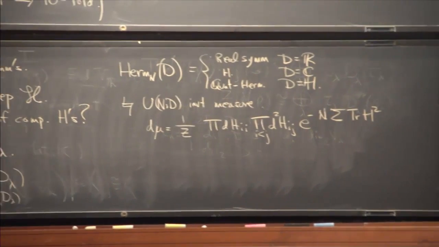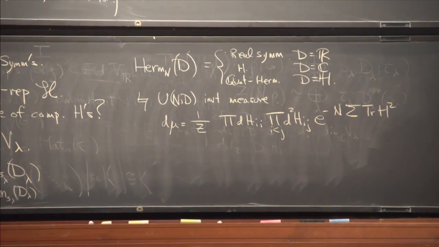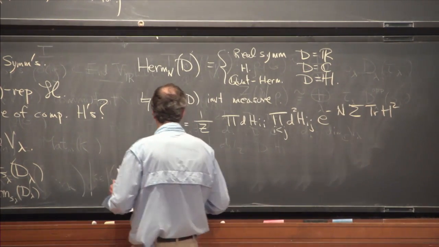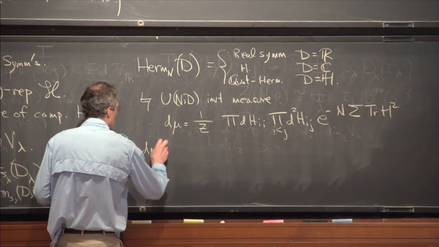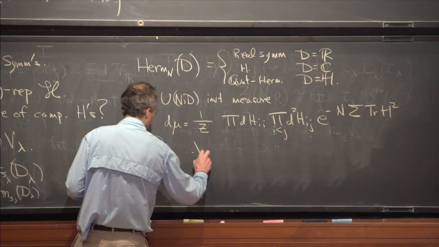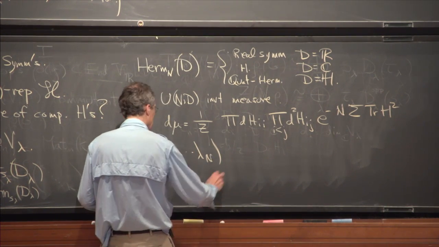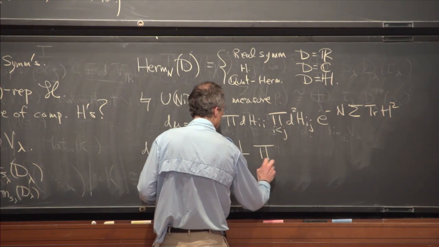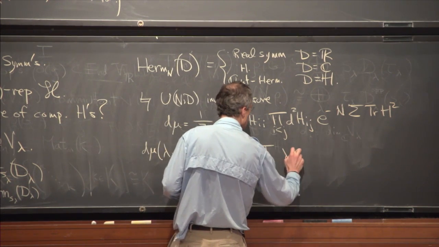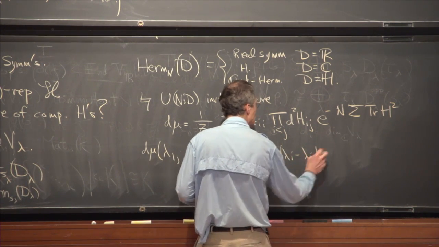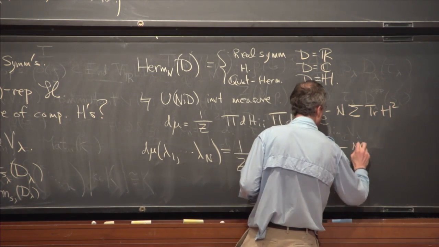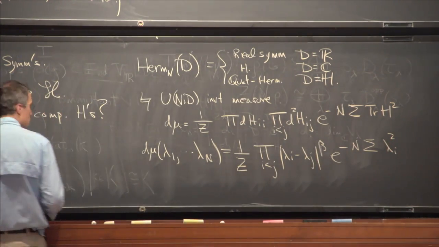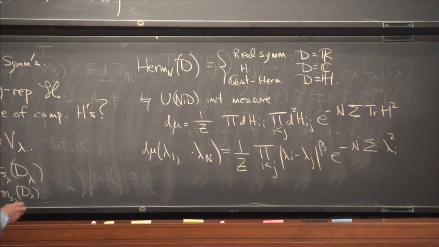Then we can diagonalize Hermitian matrices, factor out the volume of the unitary group we're not interested in, and get an eigenvalue distribution, a probability distribution on the eigenvalues. That's going to look like this, where beta is the real dimension of the relevant division algebra.